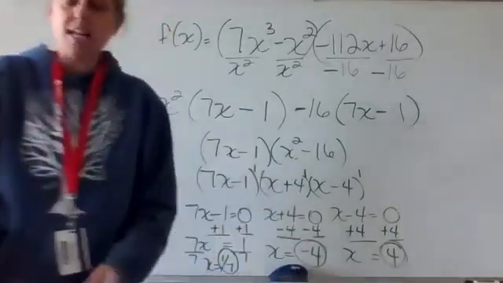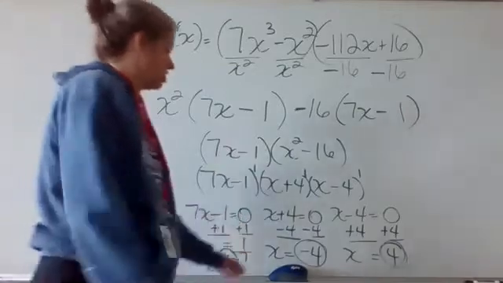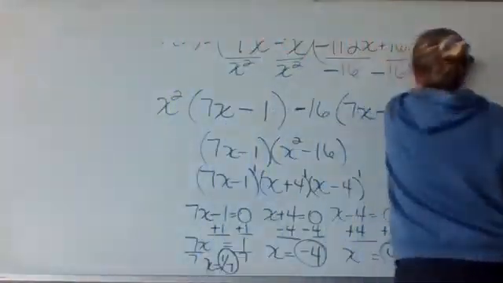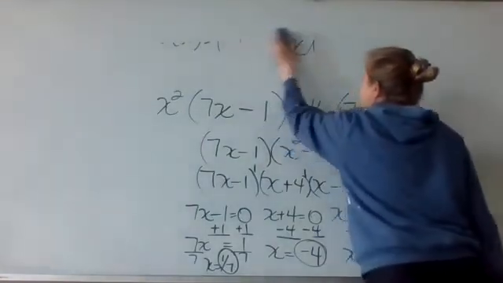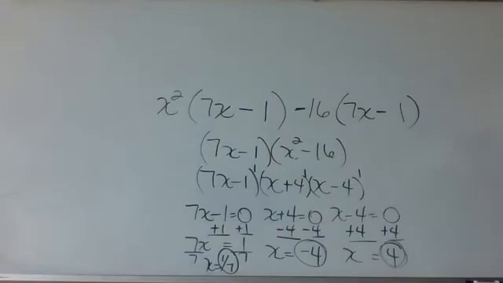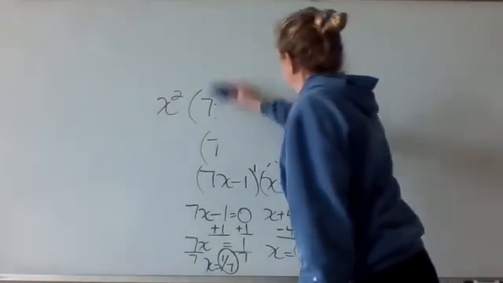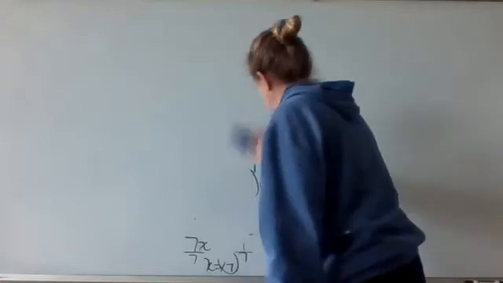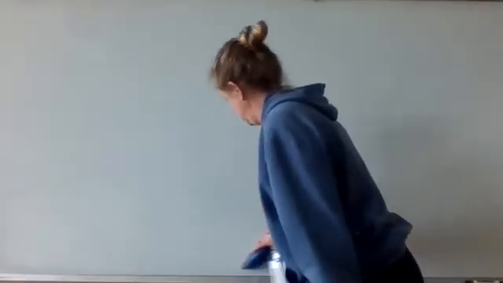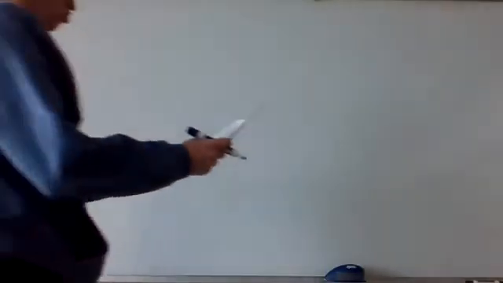Okay. 11 and 12 are both going to give you a statement that's got a function, and it's asking about multiplicity. And it's asking if the statement is true or false.